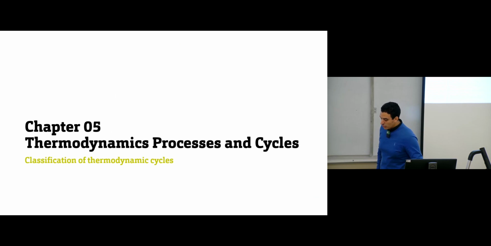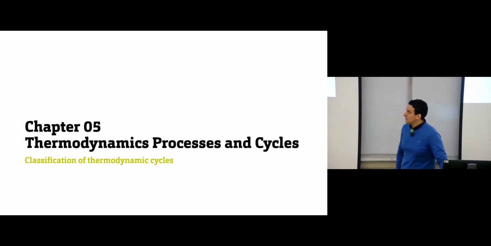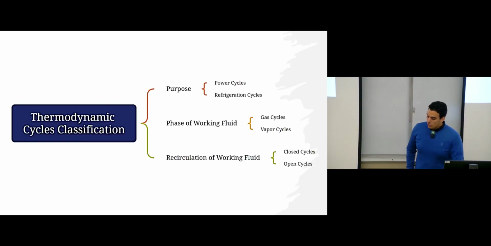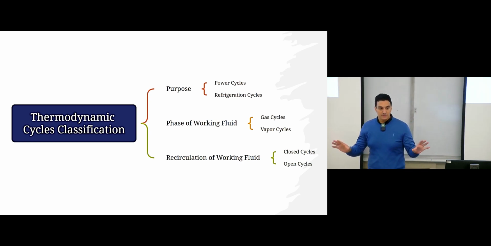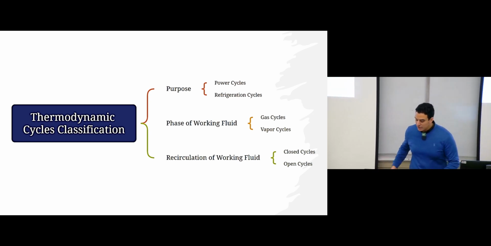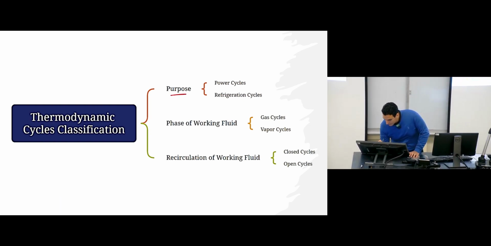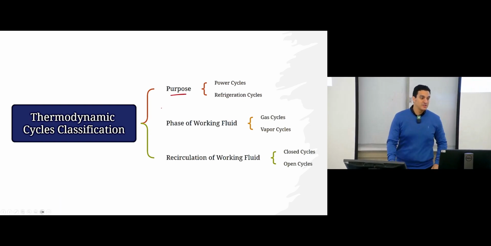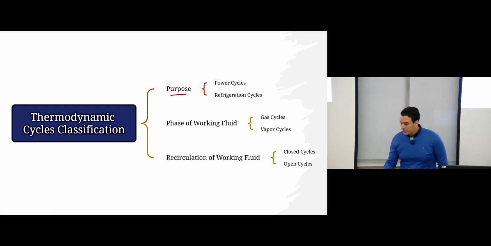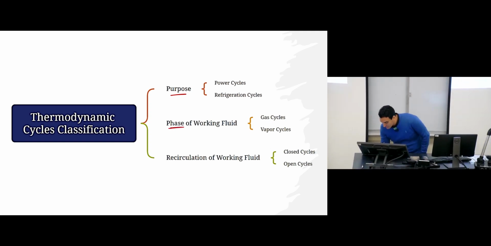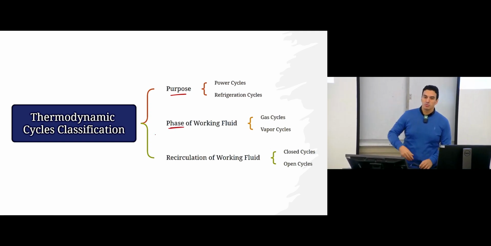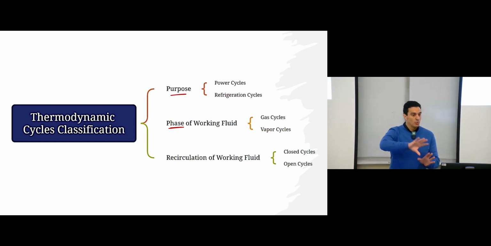For the first point, we will start with classifying the thermodynamic cycles. We can classify thermodynamic cycles based on 3 things. First, we can classify the cycles based on the purpose of the cycle. Second, we can classify the cycles based on the phase of the working fluid. You remember when we talked about the heat engine, we said we have the working fluid.